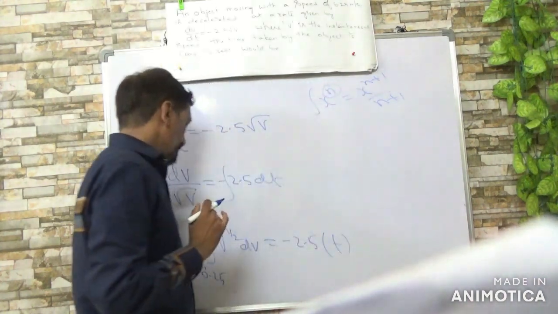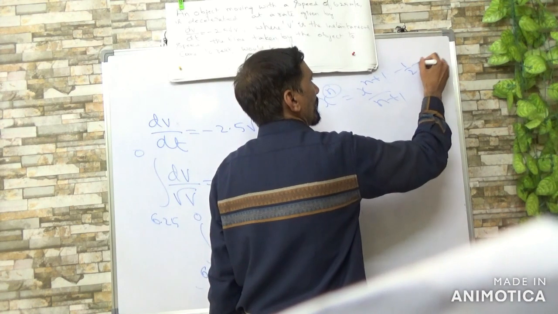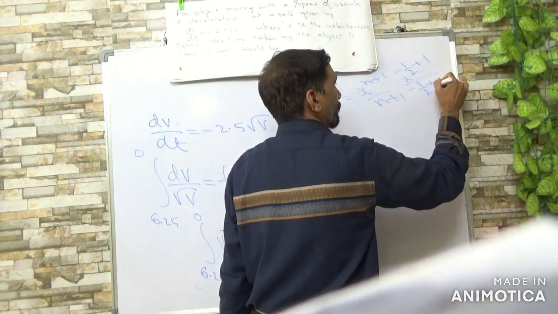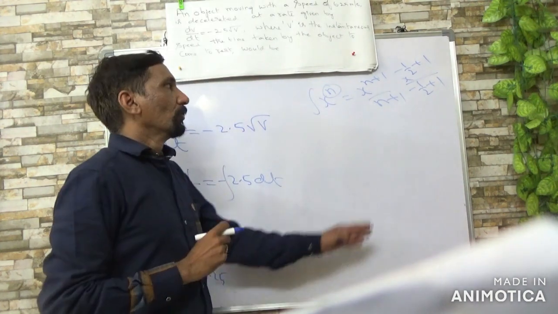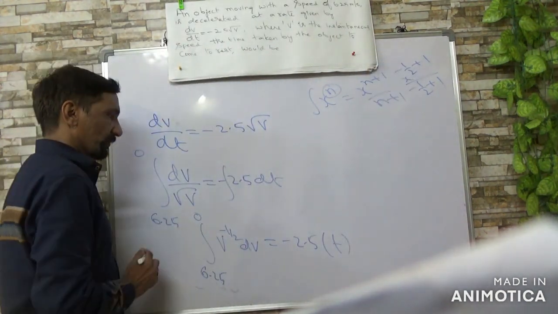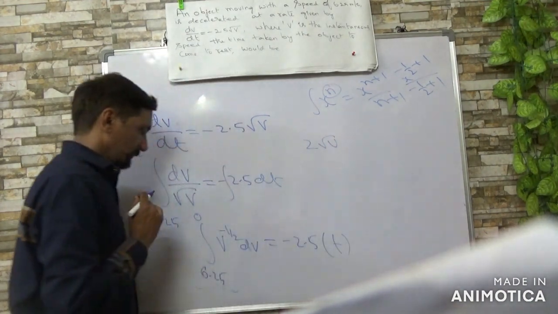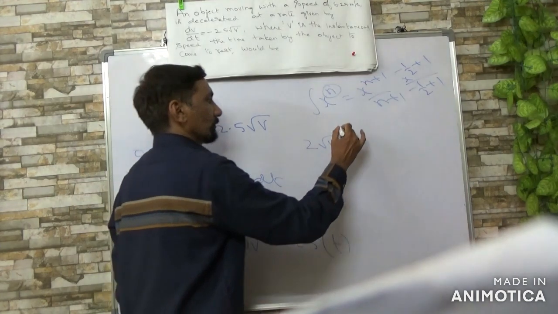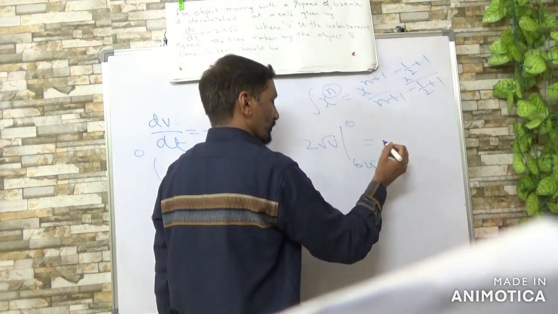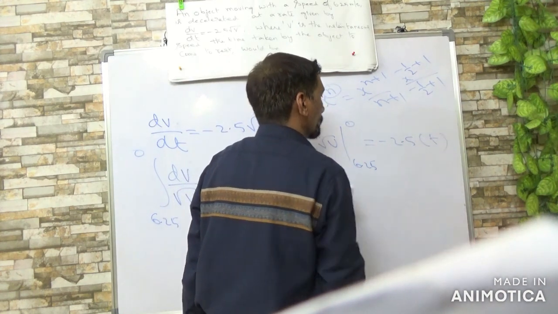Here n is minus half, so minus half plus 1, that is half, by half, which is nothing but 2 root v, with limits 6.25 to 0, equals minus 2.5 t.